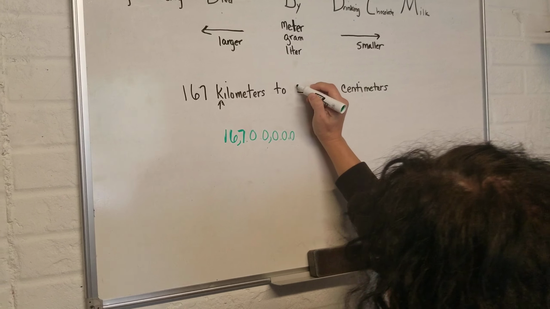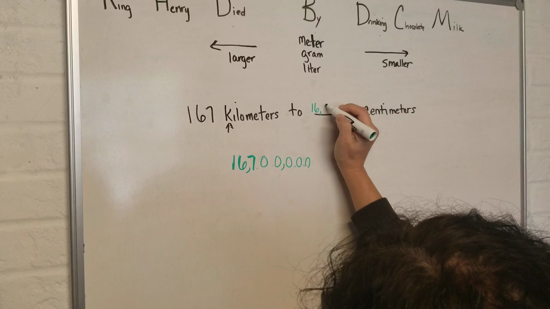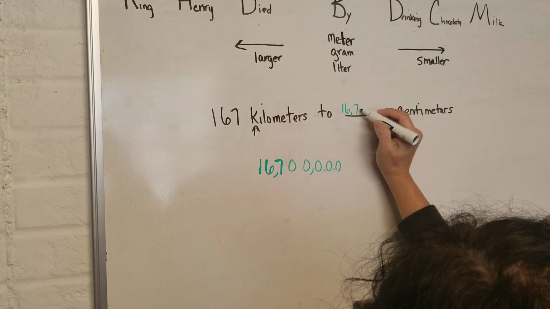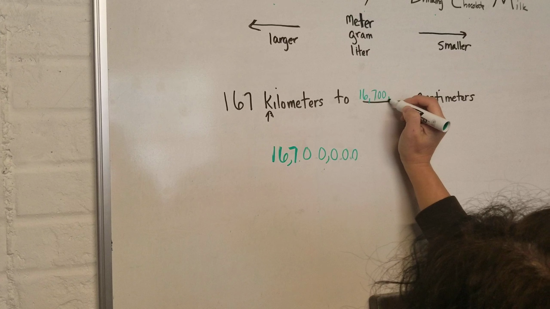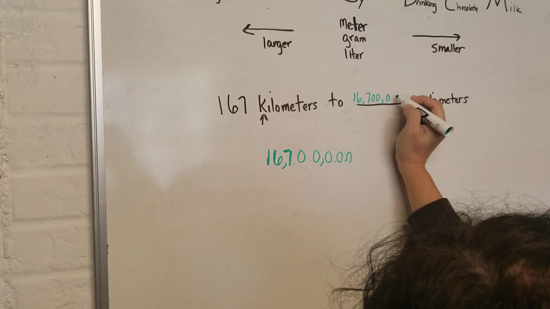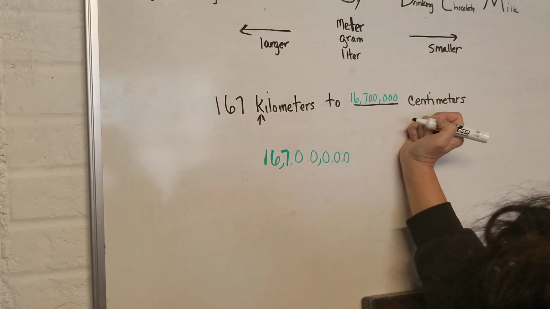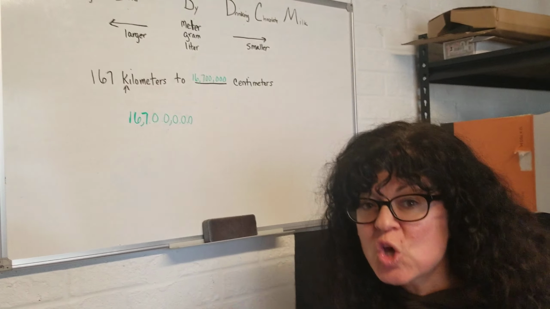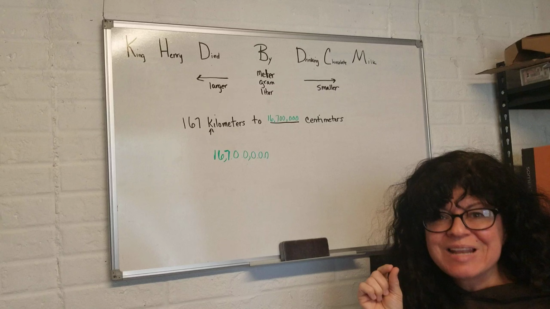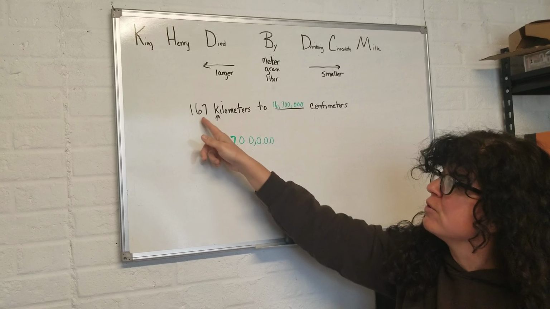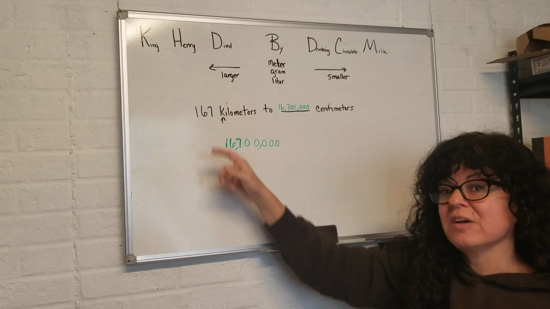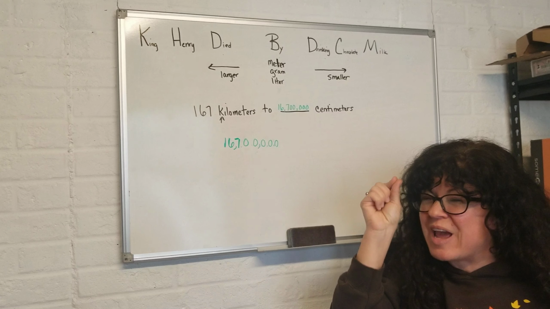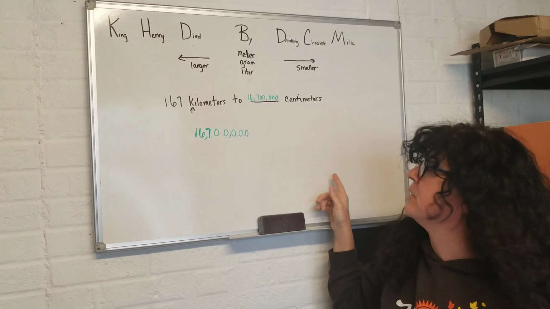So the answer is that it is 16,700,000 centimeters. And the reason why that number is so huge is because centimeters are tiny. So if you're breaking up 167 kilometers, which are large, you're going to have many little centimeters.